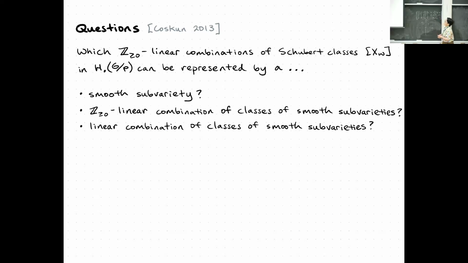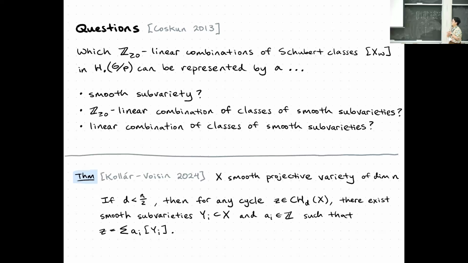Okay, and maybe I'll point out one known result that's related, by Kollár and Voisin, somewhat recently. I will highlight that this result is much more general. Everything else I'm saying is for G mod P, but this result is actually for any smooth projective variety. They proved that if you're in dimension less than half of the full space, then for any cycle in the Chow ring, there exist smooth subvarieties such that you can write your cycle as a linear combination of smooth subvarieties.